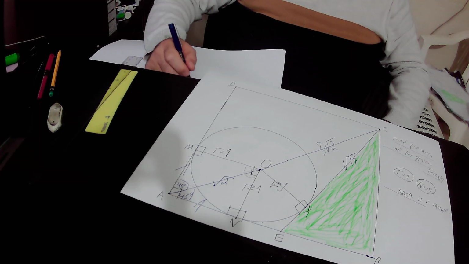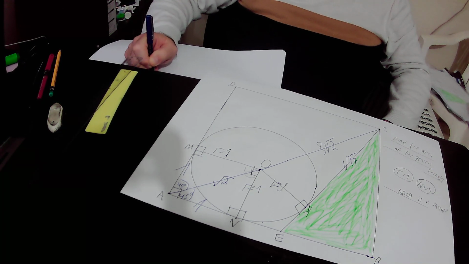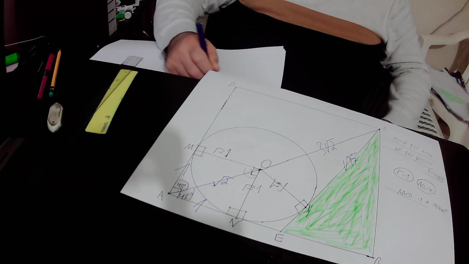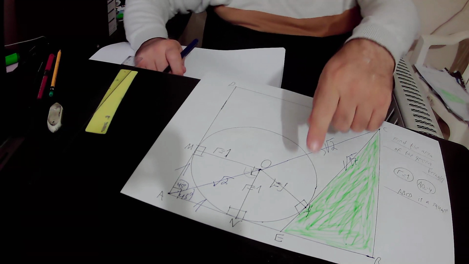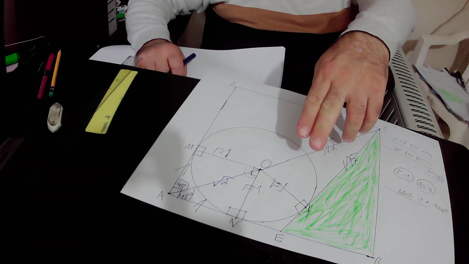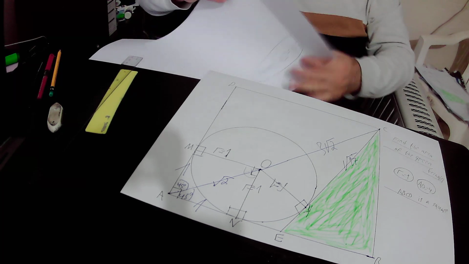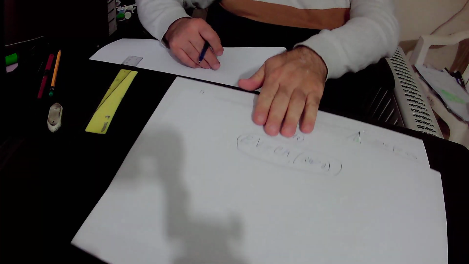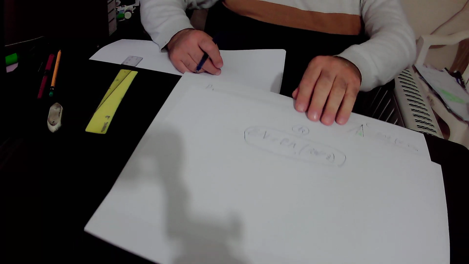According to rule number 8, whenever you draw two tangents to a circle from a common external point, the lengths of those two tangents will be equal to each other. That is to say, EN equals EK according to rule number 8.